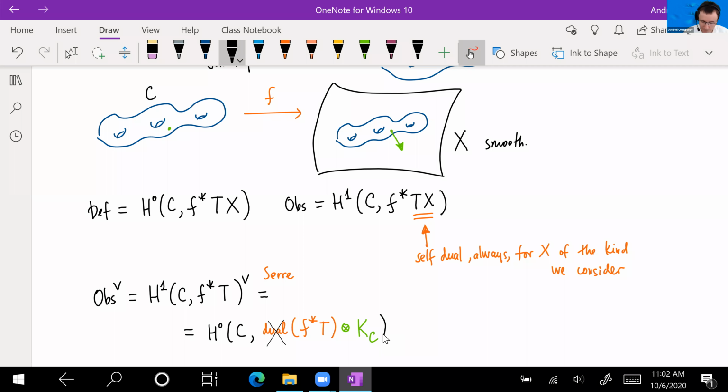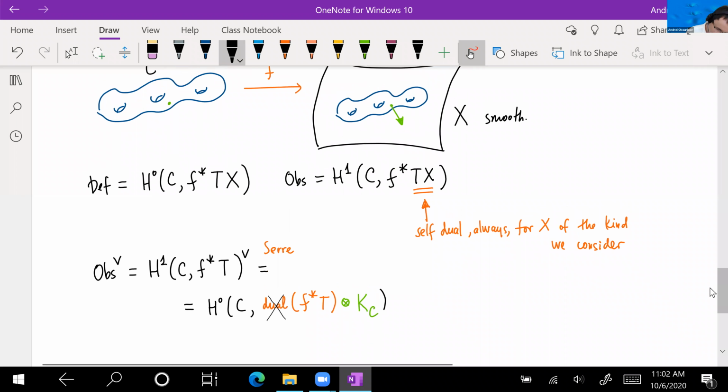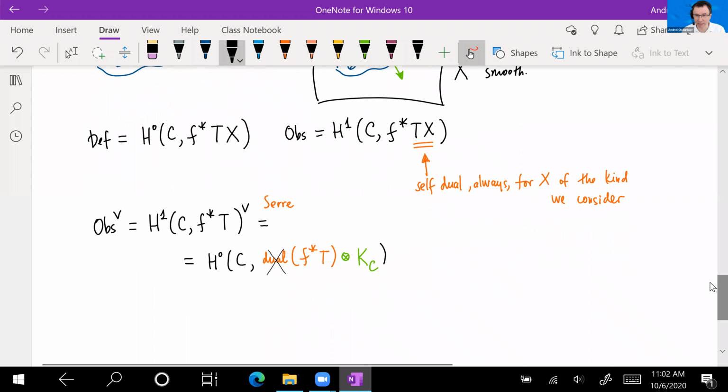And that canonical is the canonical of the whole curve. So this is the kind of correction we can't control.